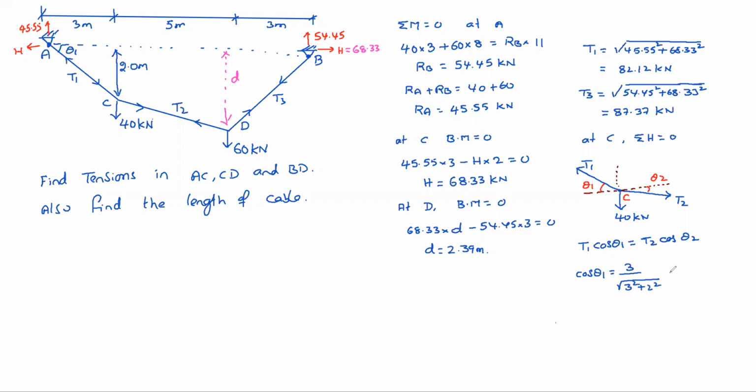Because this is the triangle: this is 3, this is 2, this is theta 1. So obviously here also theta 1. So cos theta 1, how much?